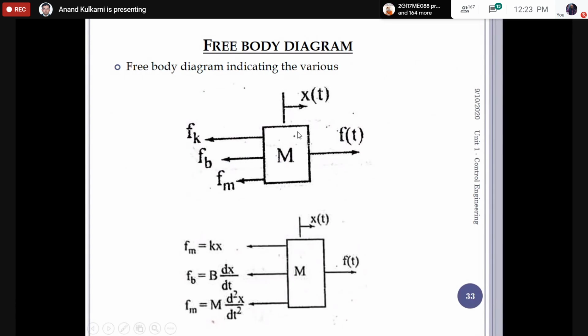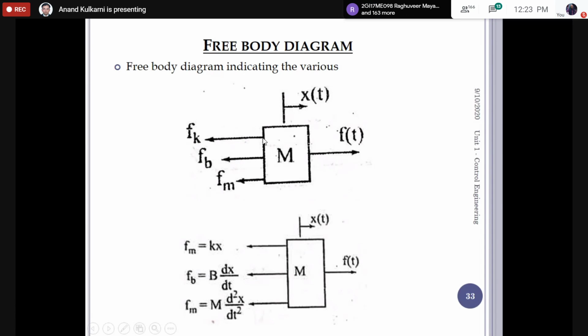Now, in the free body diagram, the force is acting in the right direction, so the displacement is also in the right direction. But this force is opposed by the inertia force of the mass, which we call Fm. Similarly, it is resisted by a damping frictional force, opposing the direction of motion, so that is also on the left.